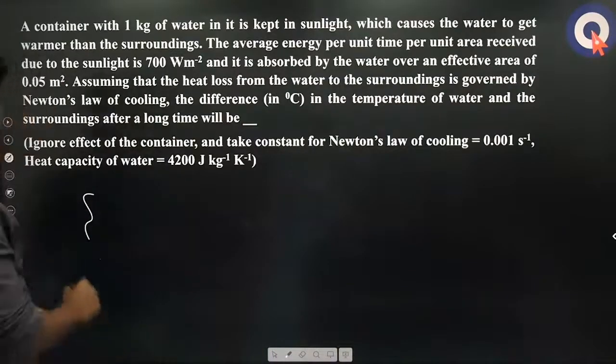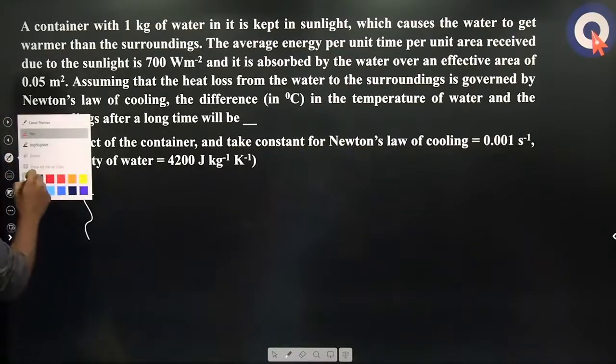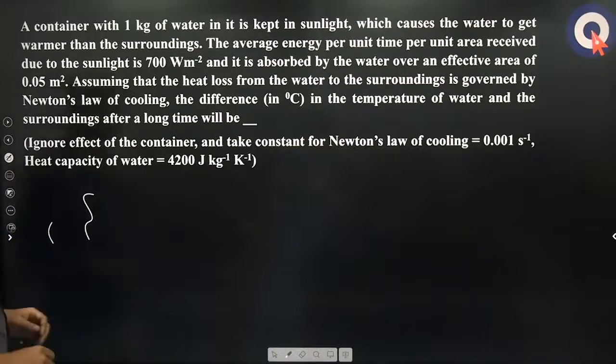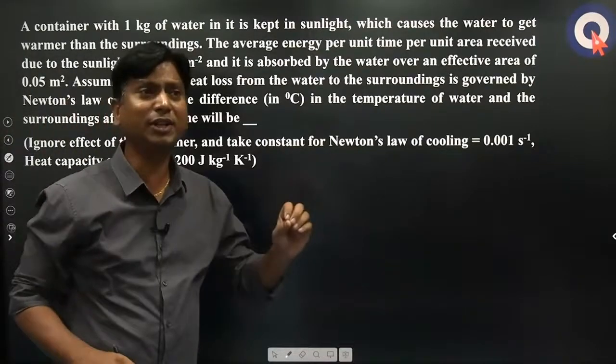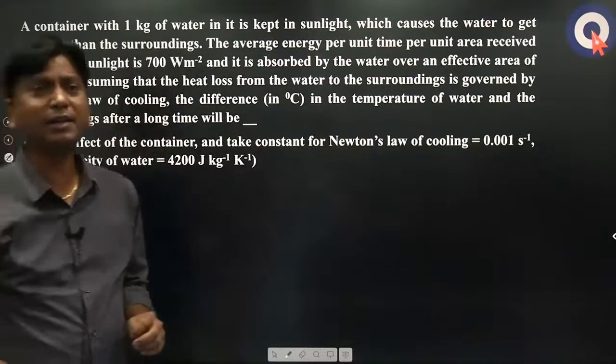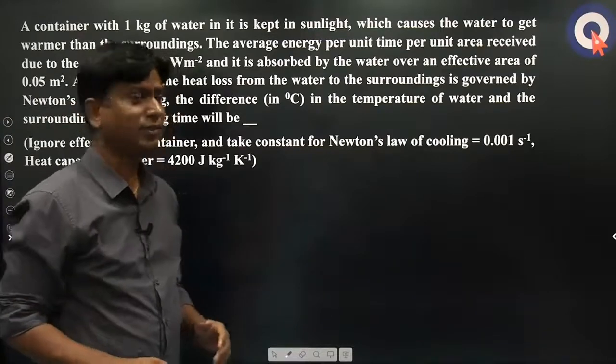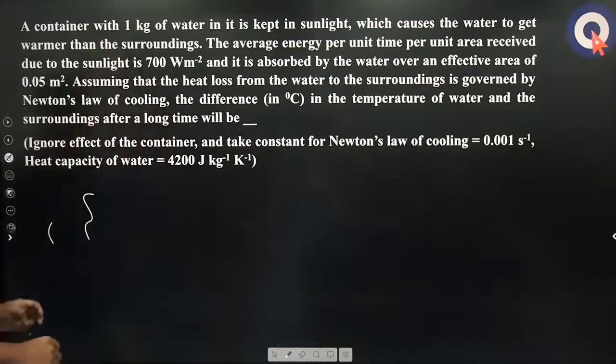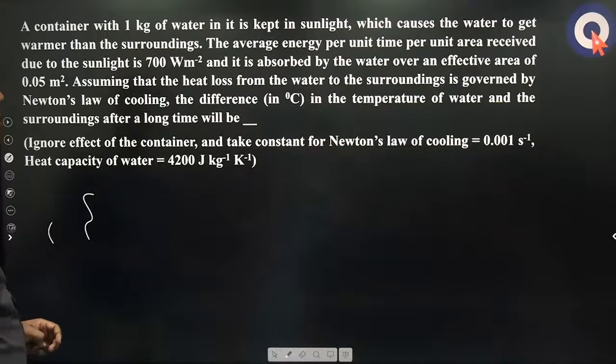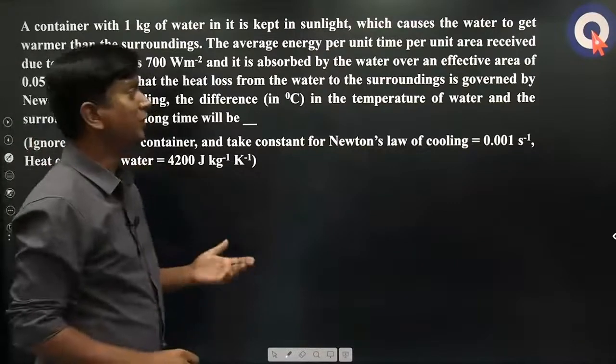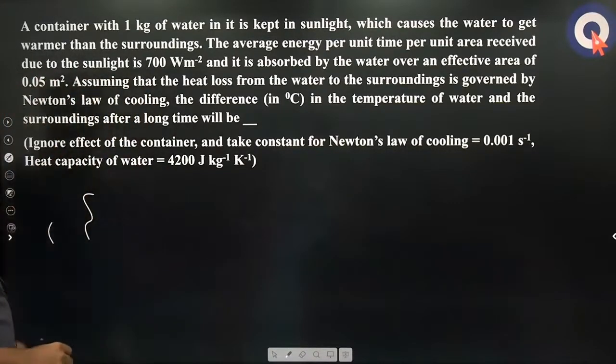Starting with a question based on both calorimetry and heat transfer, which is part of thermal properties of matter. Right, here we go. A container with 1 kg of water is kept in sunlight, which causes the water to get warmer than the surroundings.